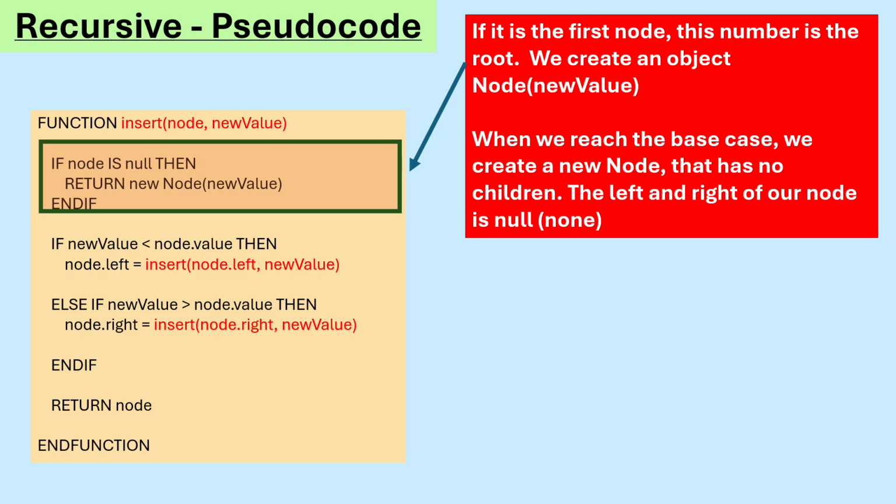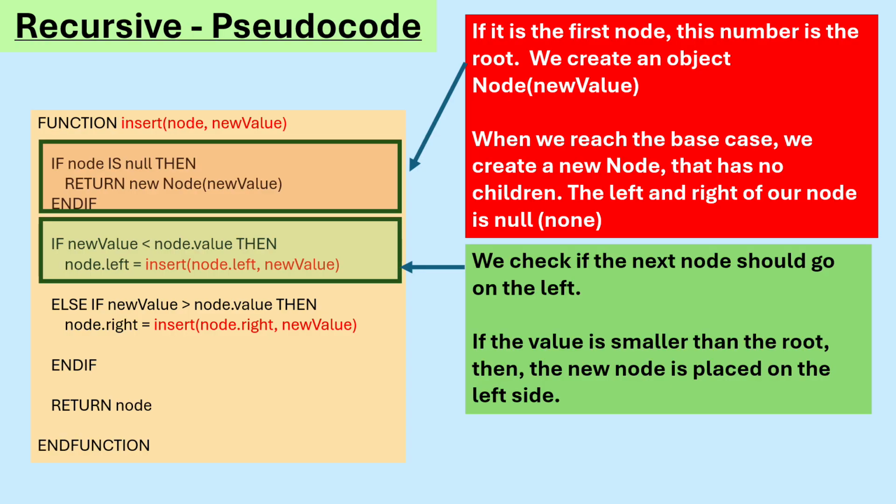So we're always going to create a new node, but the new node is going to be placed either on the right side or the left side of the parent. This part is when we compare the value of our node with its parent. So we check if the next node should go on the left. Now, if the value is smaller than the parent, then it would go on the left side.